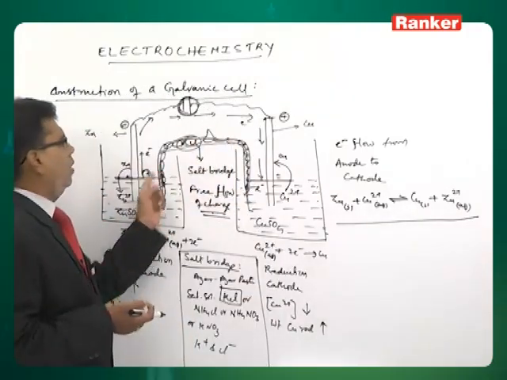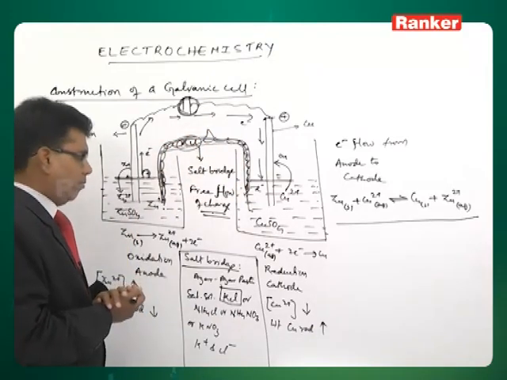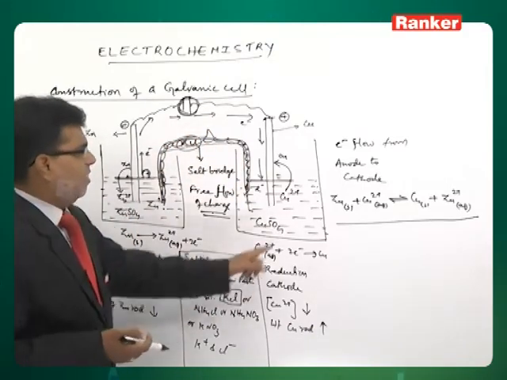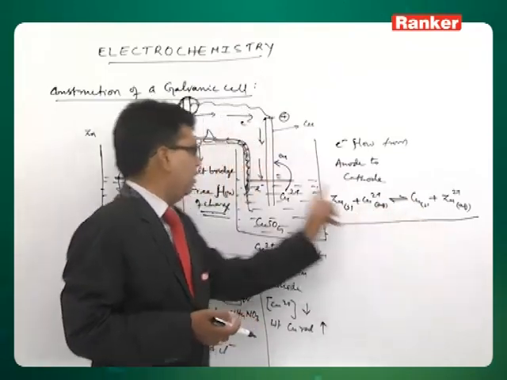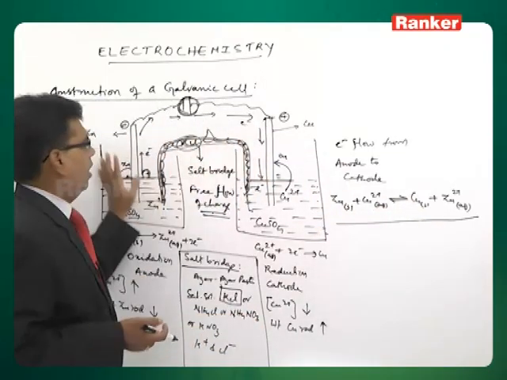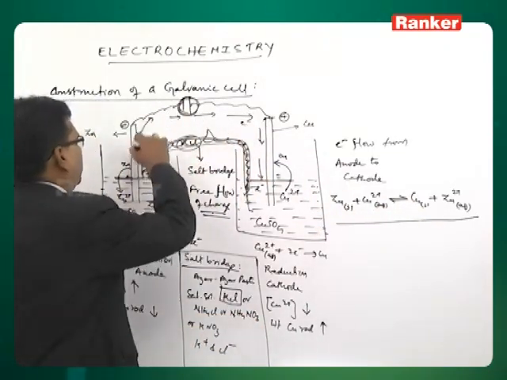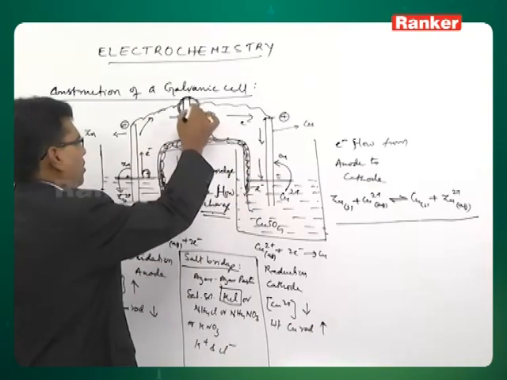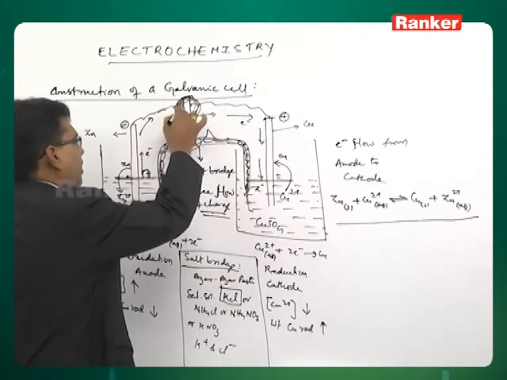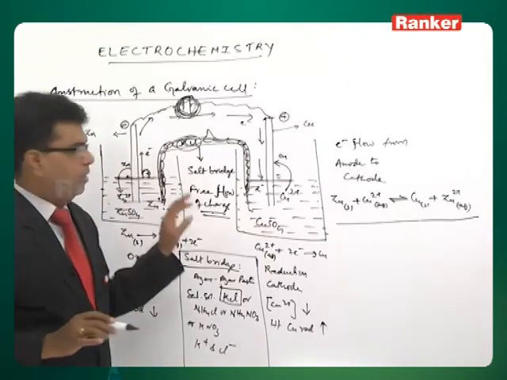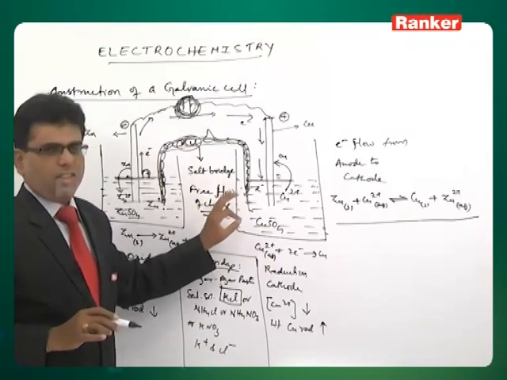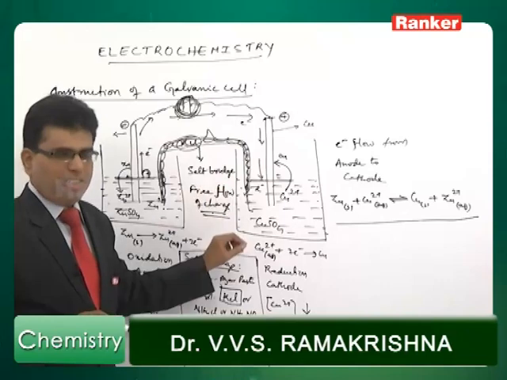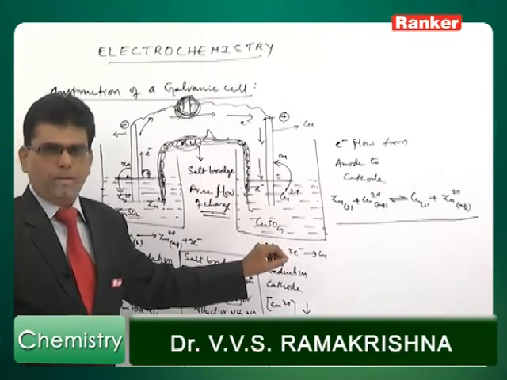So, this is the purpose of the salt bridge, and these are the reactions, and this is the overall reaction, and this is the sign convention. Finally, because of the electron transfer from one half cell to the other half cell, an EMF is generated. This completely gives us the construction of a galvanic cell using zinc and copper.